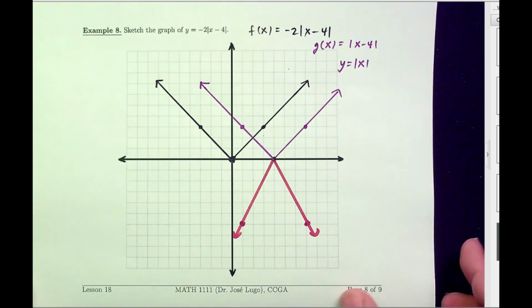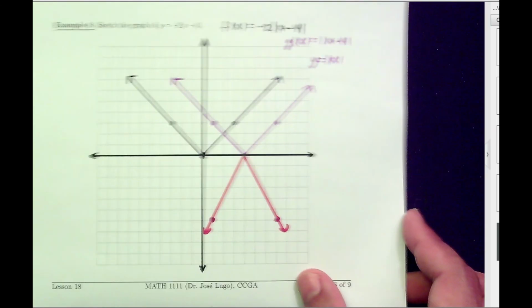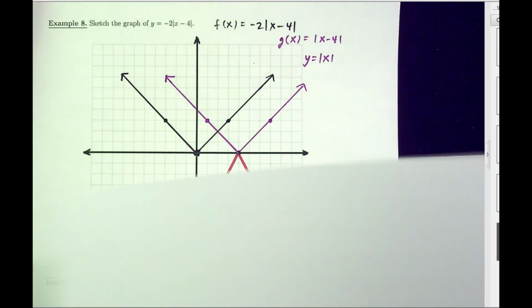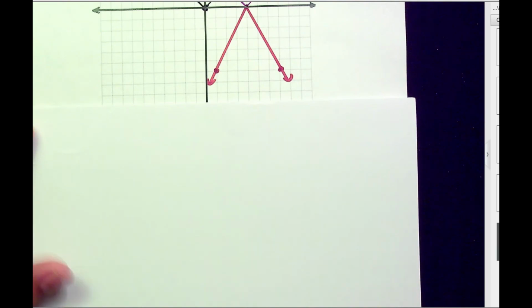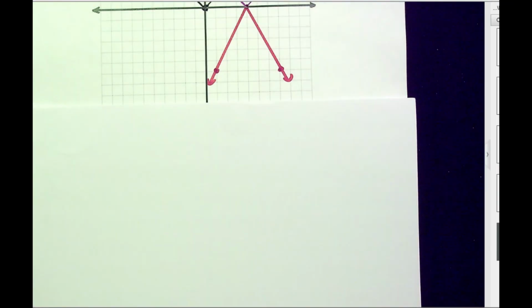Let me see if I have some space here. Let me do it over here on another piece of paper. Okay, so let's do it in the form of a table, like that one, real quick. We only have 3 points, so this is not going to be bad at all.